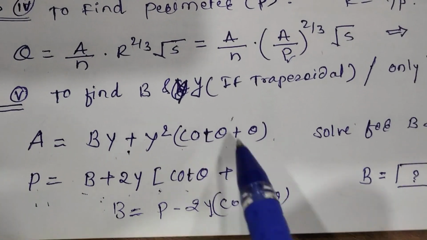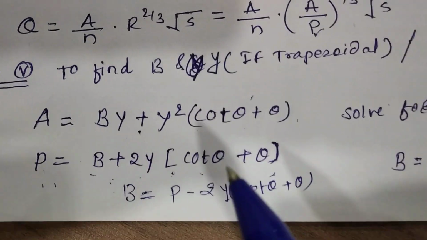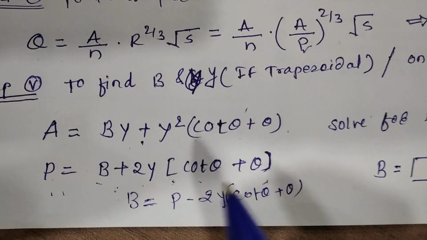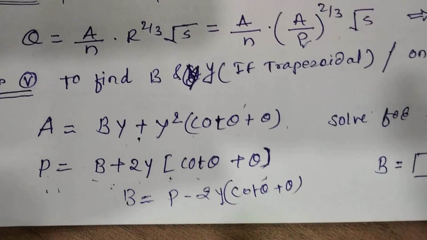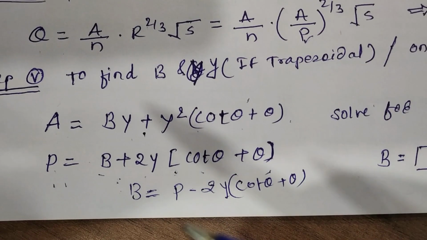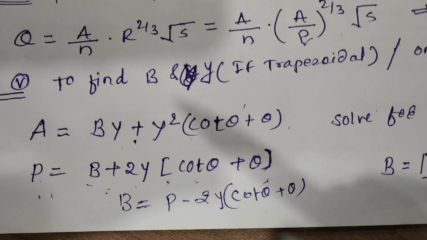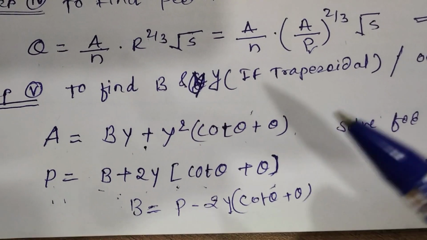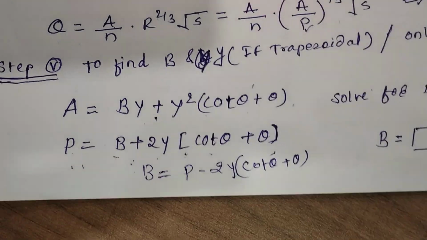You will get a quadratic equation and two values, two combinations. The one which gives real values of B and y, that will be your design solution.